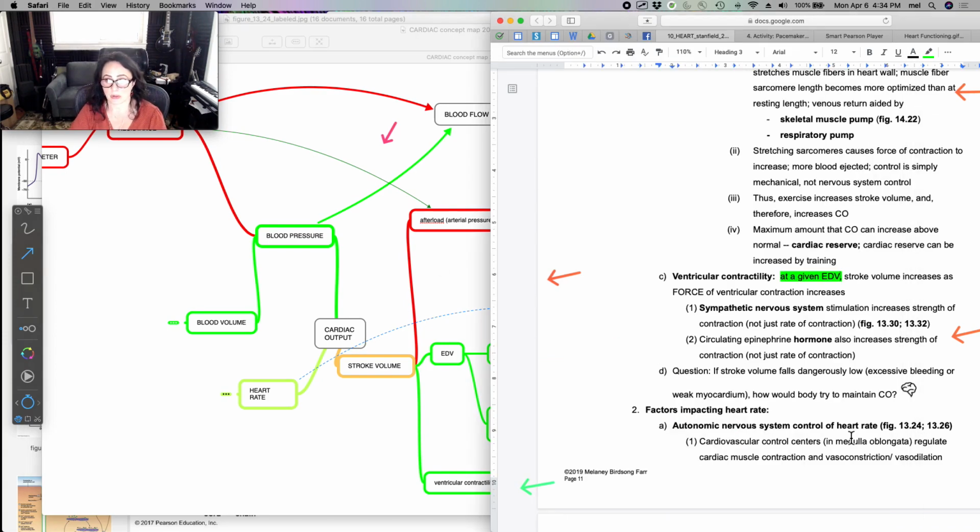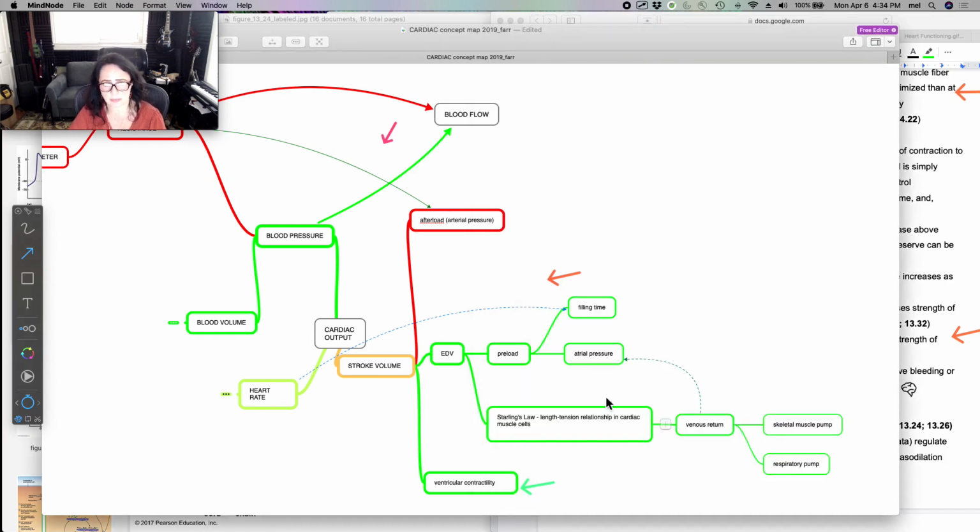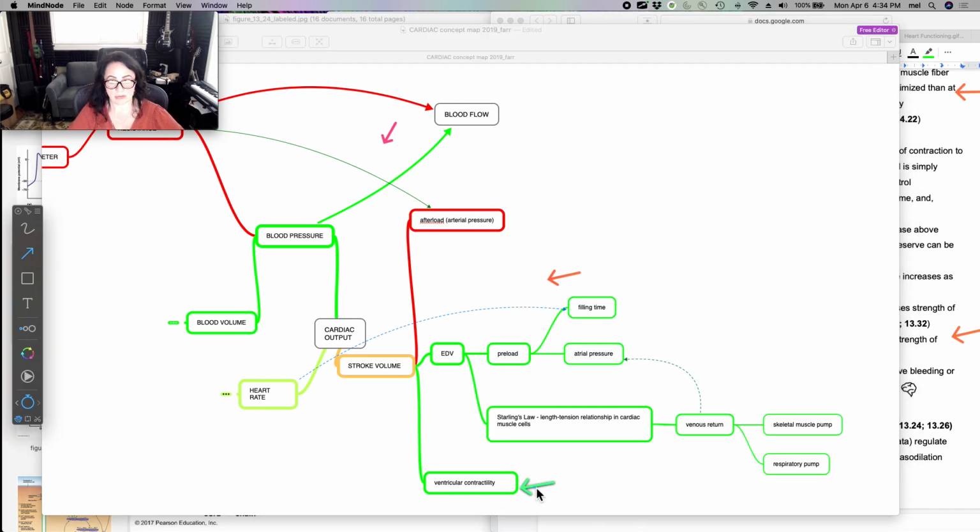Okay, so let us compare briefly the two things that people really, really confuse all the time. And I understand why if you do confuse these things. And they are ventricular contractility and the concept of preload and EDV, and Starling's Law.